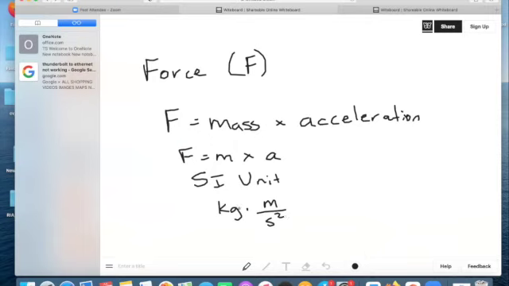Your mass is in kilograms, your acceleration is in meters per second squared. This is also known as a Newton. This is named after Sir Isaac Newton, who is known as the father of physics. The shorthand for Newton is capital N. And again, force is simply a push or pull on an object.